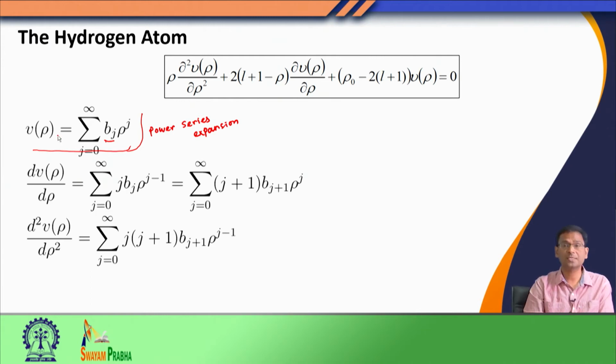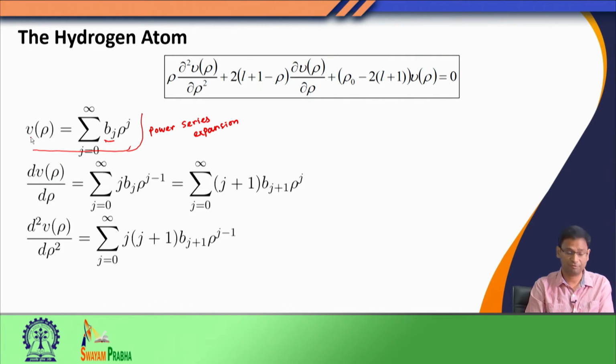The advantage of expressing this unknown function v of rho as a power series expansion is that we have the freedom to choose where to truncate this series. If our function is extremely complicated, we can describe it by going to higher and higher values of j, and if our function is extremely simple, then perhaps we will be able to explain it by truncating this series at some smaller value of j. This way of defining the wave function gives us the freedom to describe functions of different complexity.